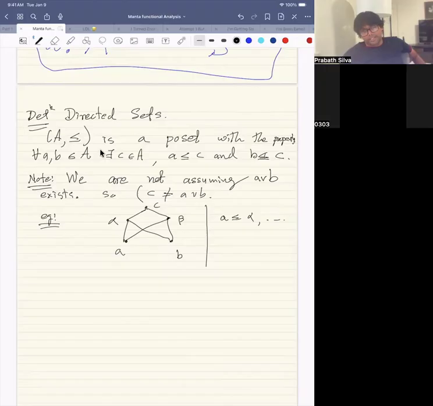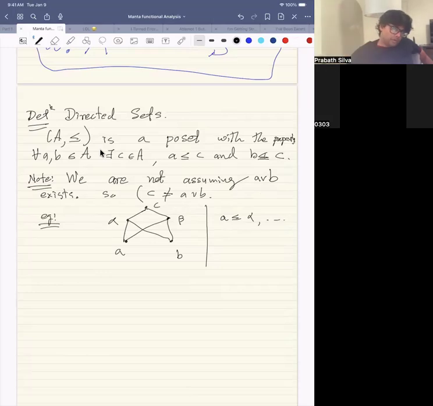But in this case, this example is a directed set. In a directed set, what you care about is that for two things, you have one element that's bigger than both a and b. You might not have the smallest element bigger than a and b, but you have an element bigger than both, and that allows you to keep going.